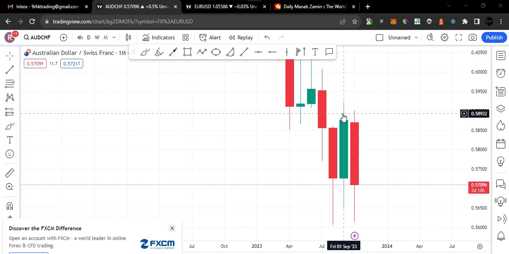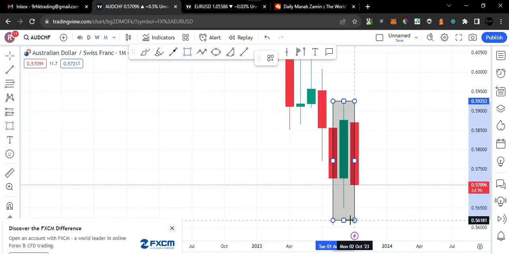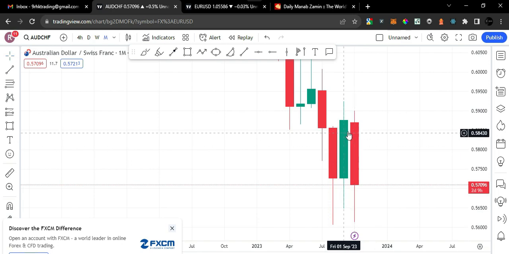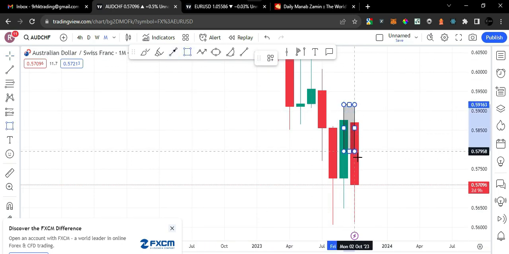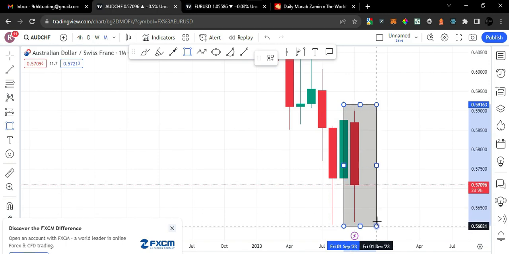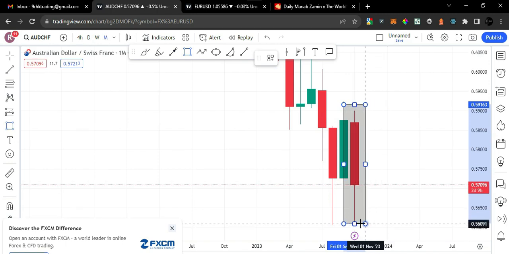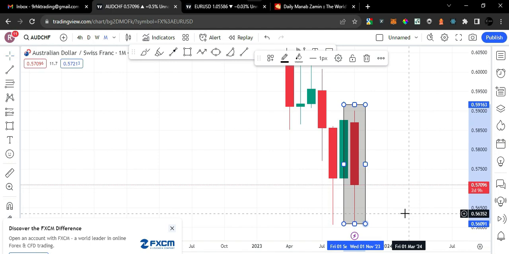In September, you can see that the buyers were very interested, but in October the buyer lost his interest and there is a massive downward pressure of selling, and the seller took control.